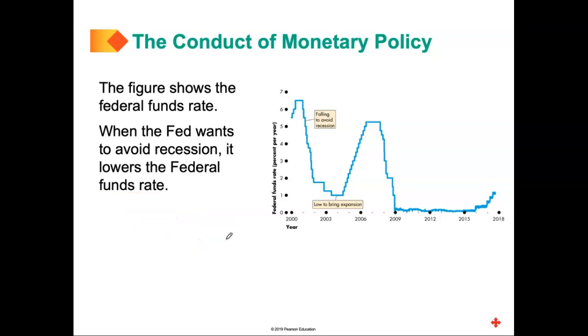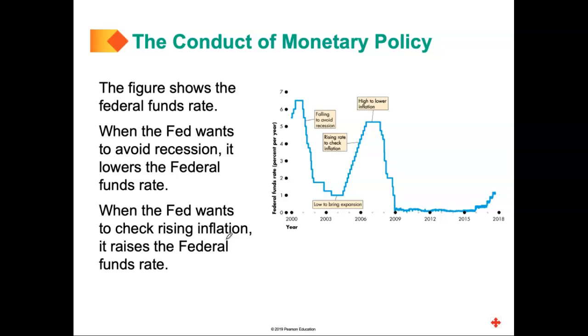Now, if there is an economic expansion and the Fed wants the economy to slow down a bit because it might risk high inflation, the Federal Reserve is going to increase the interest rate and raise the federal funds rate. Between 2003 and 2007, the federal funds rate was increased because the economy was expanding.